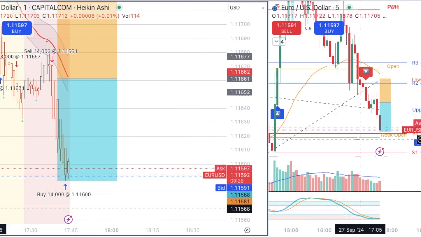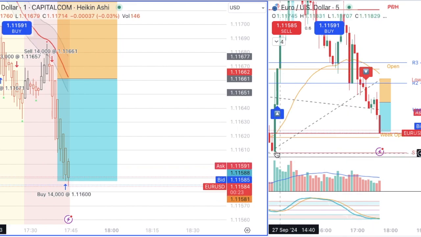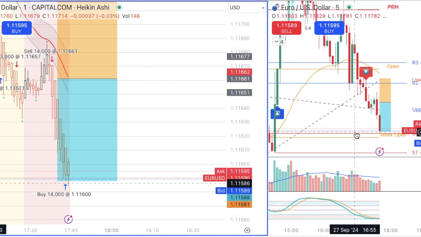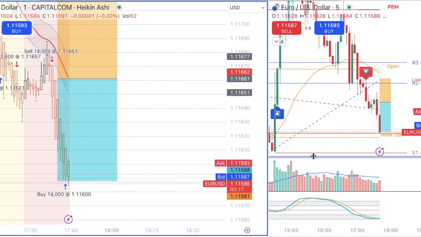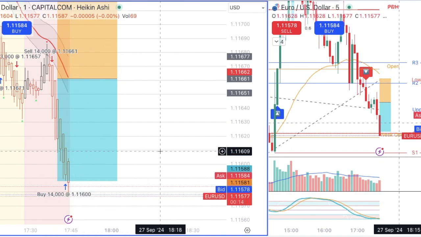So what I'm wondering is, because it might go right down here. We have been here. This is the week open, but we have been lower today. Yeah, it is actually going down further, but that's okay.